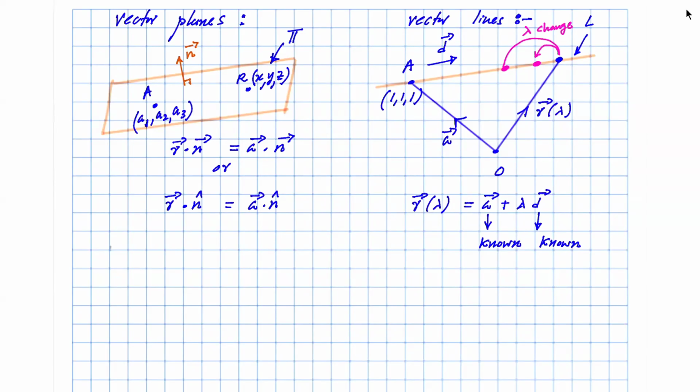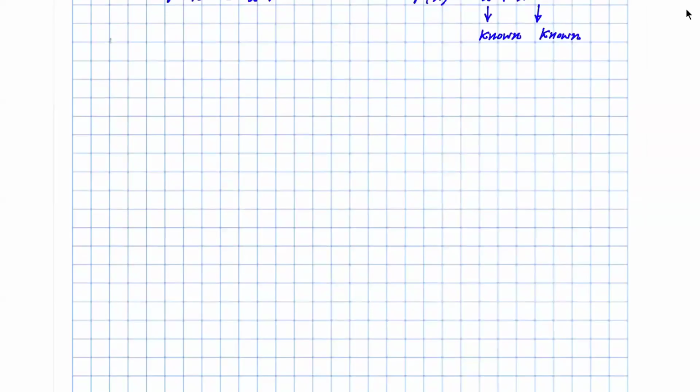Let's think about this now. I'm going to have a plane like this, and this is my z-axis, x and y like this. So this is my x, this is my y, this is my z.